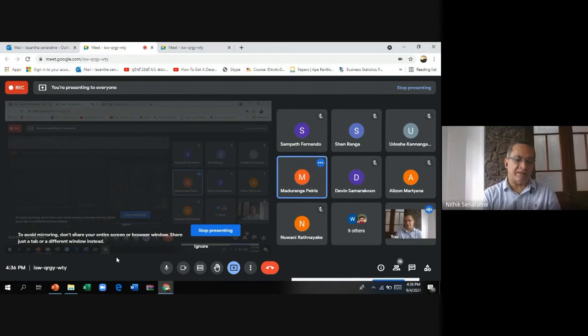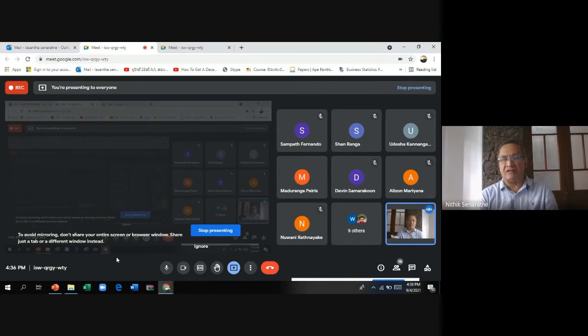So you have to request the borrower to bring a new fresh guarantor and obtain a fresh guarantee bond. That's the only way out.